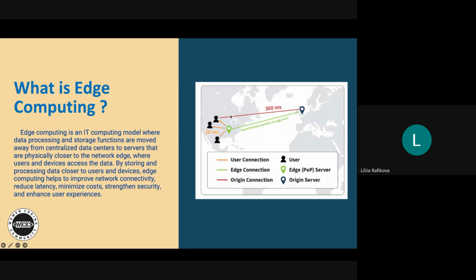If you compare the latency of transferring data from a far part of the world to another, it will take, as an example, 300 milliseconds. But when you serve or transfer data from the POP, it will take less. So this is the main idea of edge computing: to bring everything as close as possible to the user.